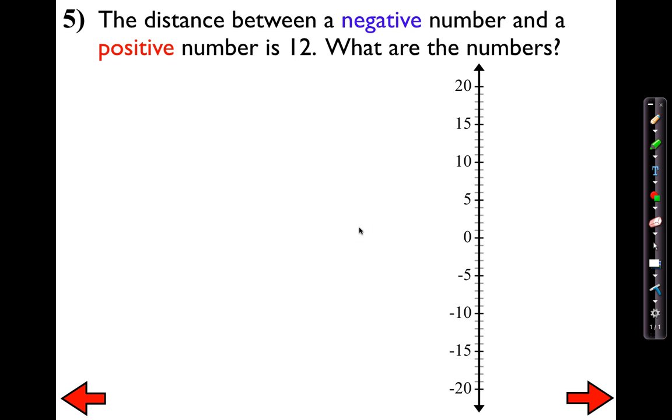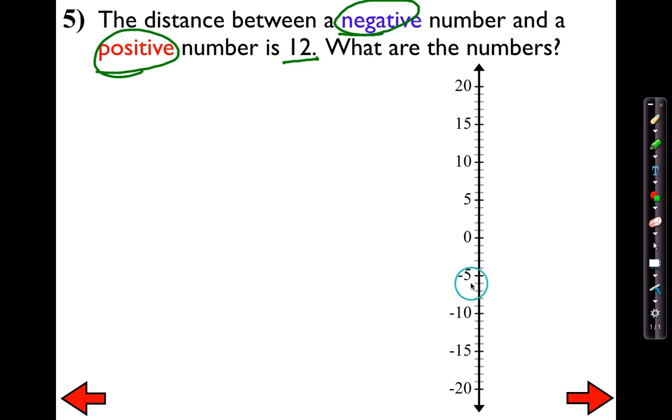Number 5, the distance between a negative number and a positive number is 12. What are the numbers? Why don't you pause the video and try this one by yourself? Okay, so here, they definitely asked that they wanted a negative and a positive number. So what I could do is think of some numbers that would give a distance of 12.